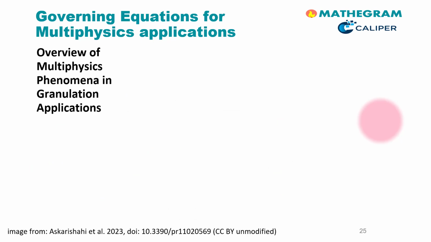An overview of multiphysics phenomena in a specific application, namely fluidized bed granulation, is provided on this slide, which I have taken from the recent work of Asghari-Shari et al. in the year 2023.